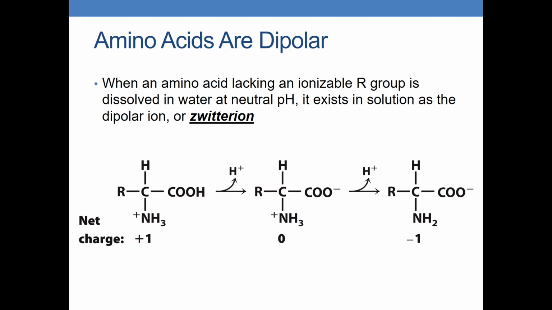Here, this is a pretty normal workflow, where we start with a fully protonated amino acid. Remember, this is an amino acid that lacks an ionizable R group. In the fully protonated state, we have a +1 overall net charge. If you look around, there's only one thing that has a positive charge. That's the primary amine. Now, as I increase the pH, I'm going to start promoting dissociation of protons. Remember, we are looking at pH relative to pKa.